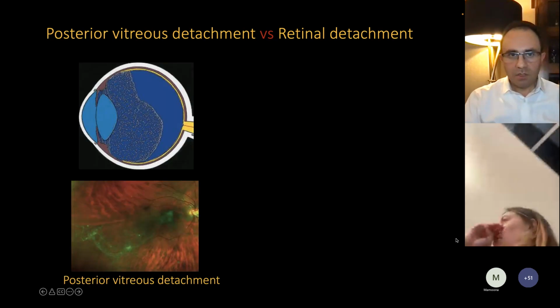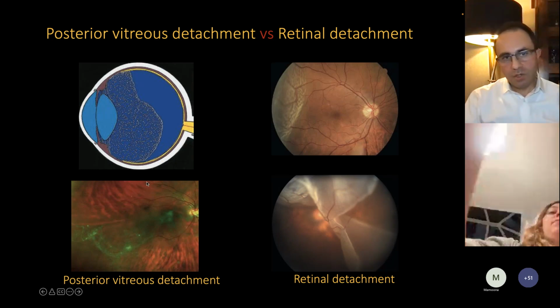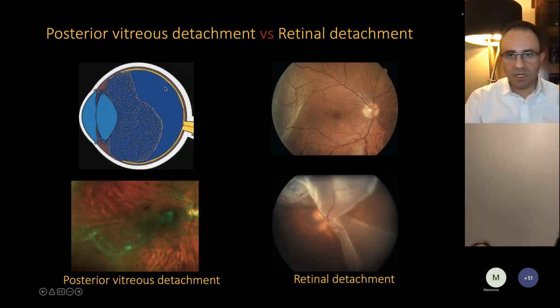We talked about the vitreous detachment and the retina detachment. Vitreous detachment is when the vitreous itself is detached, but the retina is still intact, which is the yellow part here. Once the retina starts to become separated, that could be where the patient will notice a visual field defect. If this is treated on time without the macula being affected, they will still have 6/6 vision without any problem.